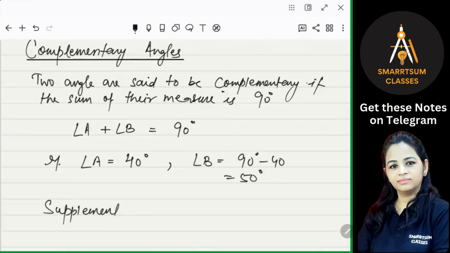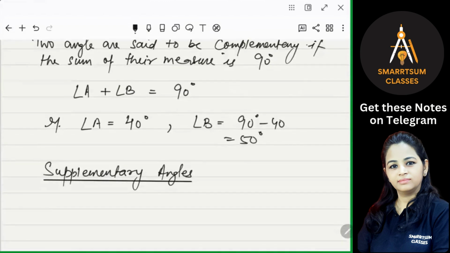Similarly, we have another property of angle, that is the supplementary angles, right? Now, what are supplementary angles? When the sum of the measurement of the two angles is 180 degree, we say that the angles are supplementary angles, right?